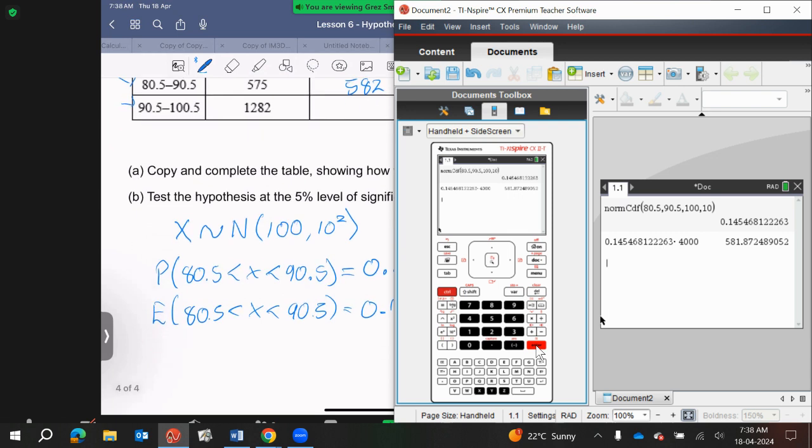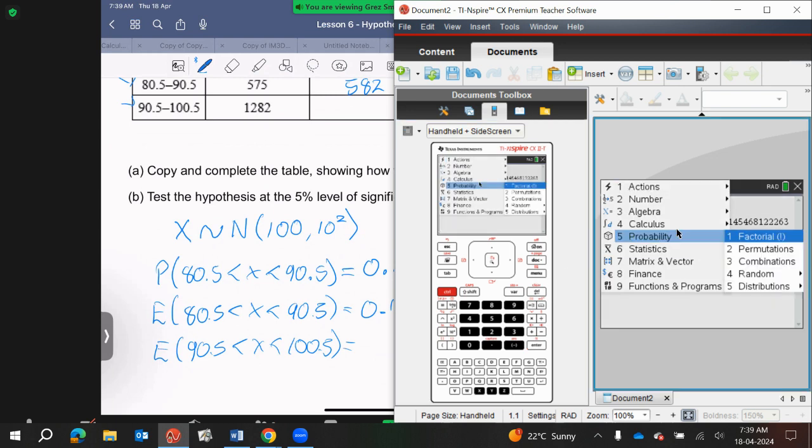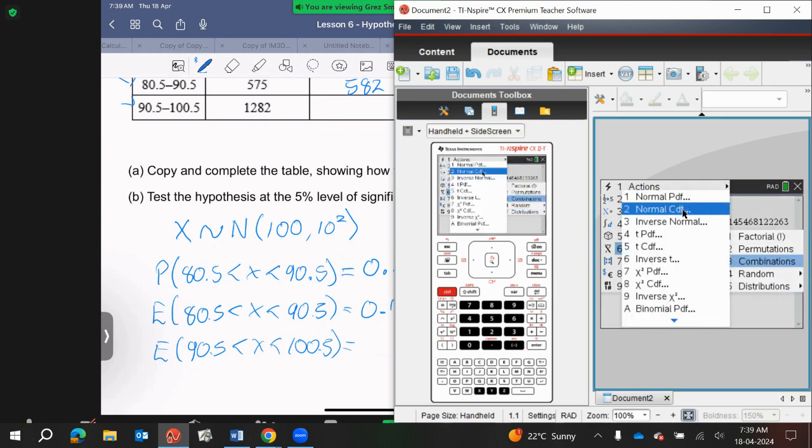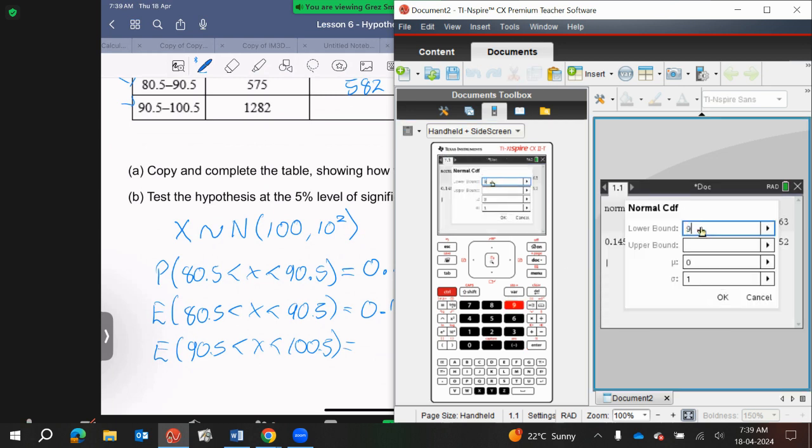So the expectation that it's going to be between 90.5 and 100.5 is going to be equal to menu, probability, distributions, normal CDF, 90.5, 100.5, with mean 100 and standard deviation 10.